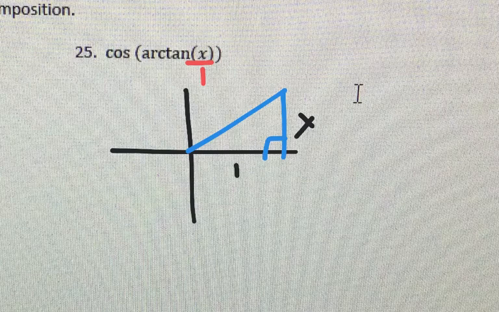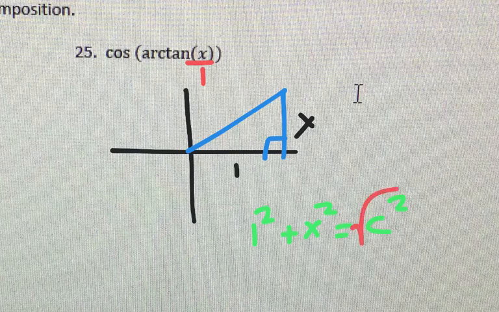This time I'm missing the hypotenuse, c. But I know 2 of 3 sides of a right triangle. So I can use the Pythagorean theorem to find the missing side. That would be a squared plus b squared equals the hypotenuse squared. Now I'm trying to solve for c.